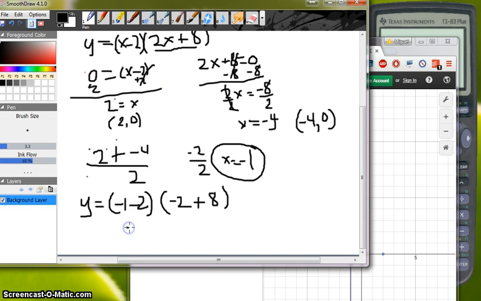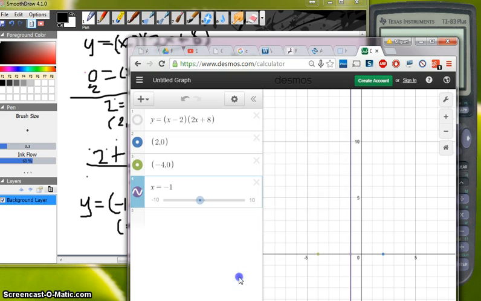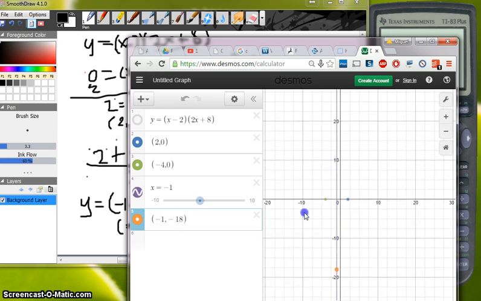This becomes negative 3, and this is 6. This means times, so it's going to be negative 18. That is your vertex. So when x is negative 1, y is negative 18. So that's the point negative 1, comma, negative 18. And that would be way down here.